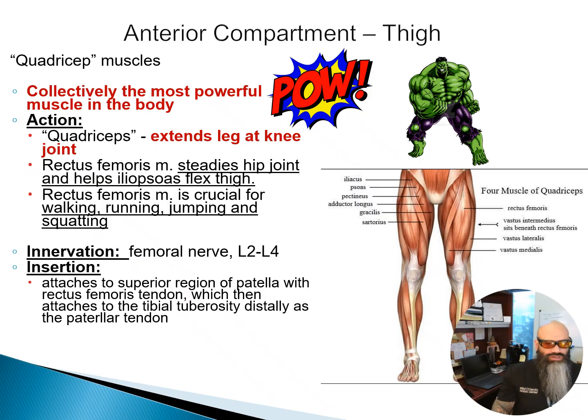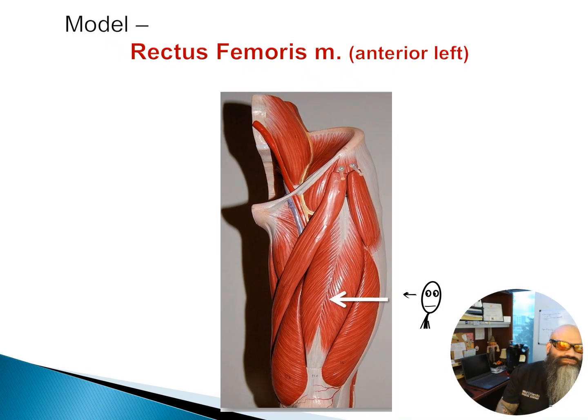So they all attach to the superior patellar region through the quadriceps tendon. That tendon surpasses the anterior part of the patella, then it is called a different name, the patellar tendon, and then much further down the infrapatellar tendon, which then inserts in the tibial tuberosity. Rectus femoris, that's where it's located anteriorly.